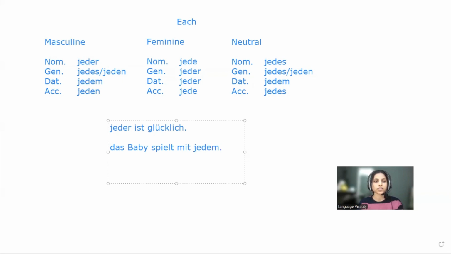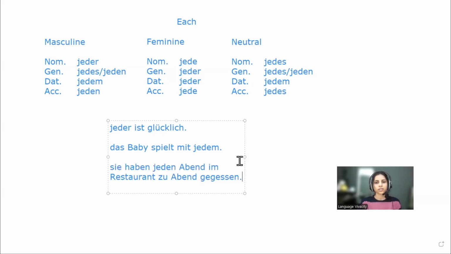Then the last sentence. Sie haben jeden Abend im Restaurant zu Abend gegessen. So we are trying to say that they have dinner each evening in the restaurant.